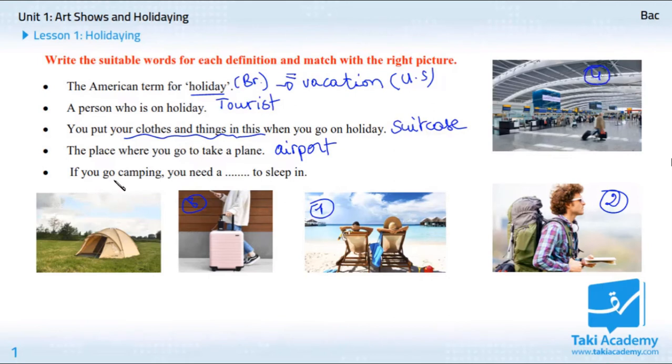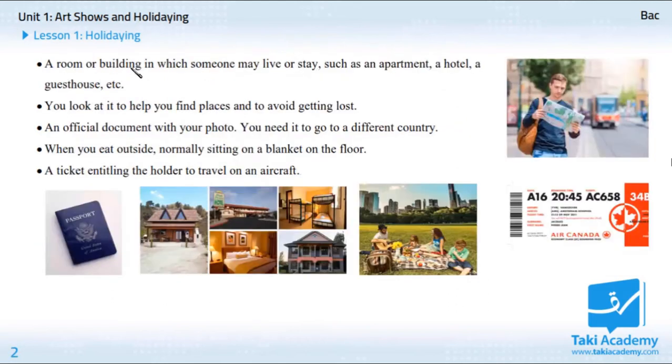And then we have, if you go camping, you need to sleep in. So you need a tent, of course. You need a tent to sleep in. A room or building in which someone may live or stay, such as an apartment, a hotel, a guest house, etc. What do we call all of these?